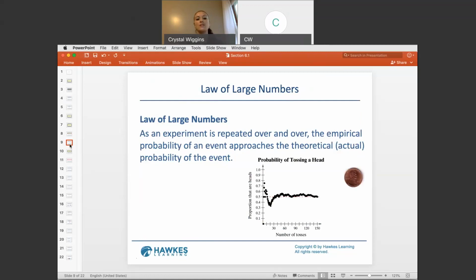So when we repeat an experiment a low number of times, we may not be concluding the proper probability because of confounding variables, because of the way we toss the coin, so human error. Did we flip the coin, catch it, flip it over onto our hand every single time?